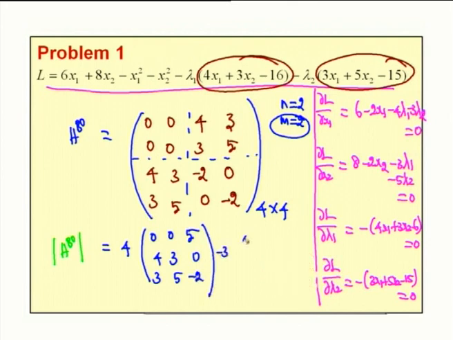Next, minus 3 into, by omitting the corresponding row and column, we have 0 0 3, 4 3 minus 2 and 3 5 0.